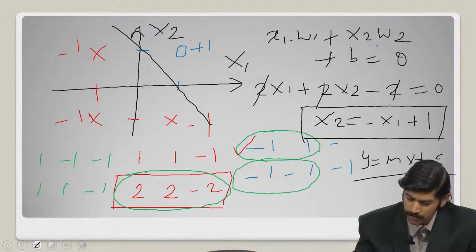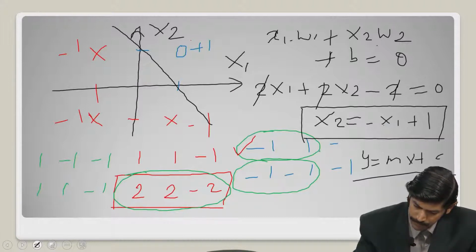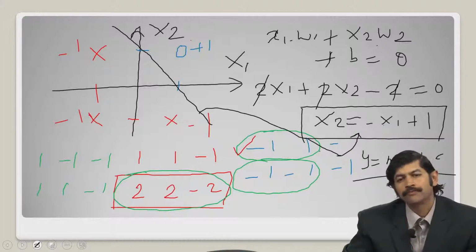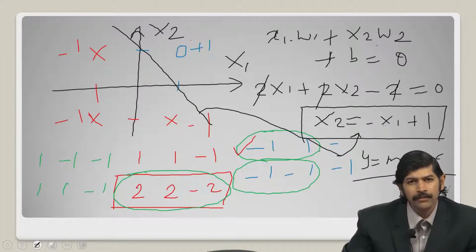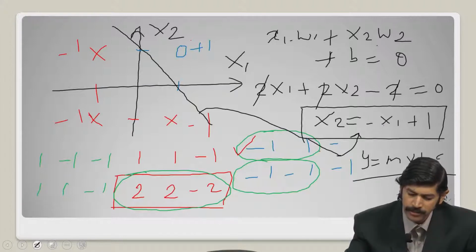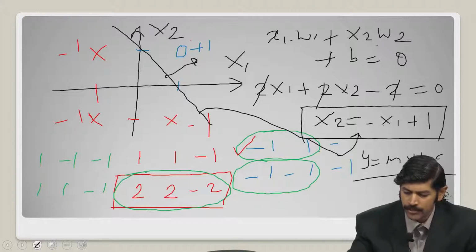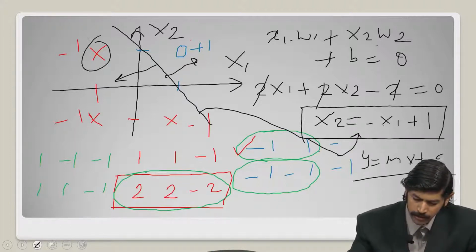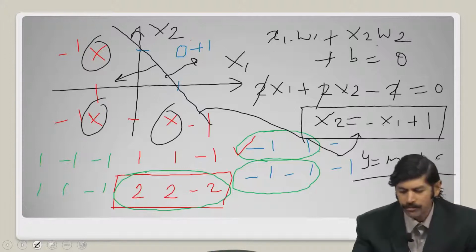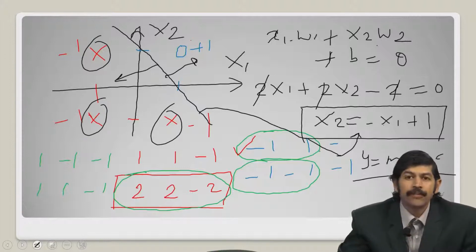This is the particular line we are talking about, and you will realize that this line actually does the job. On one side of this line we have plus 1s, and on the other side we have all these minus 1s.